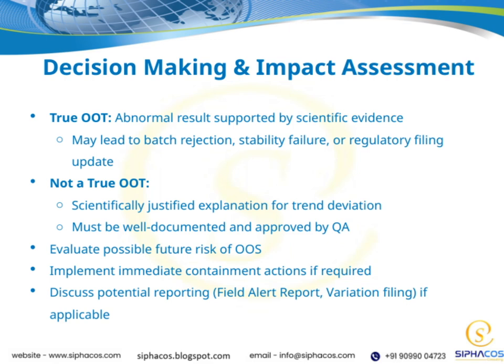Additionally, depending on the situation, we might need to discuss potential reporting requirements, such as field alert reports or variation filings, especially if the deviation could affect product safety, efficacy, or regulatory status. Ultimately, this process involves careful decision-making and impact assessment, ensuring we maintain product quality and compliance while addressing any deviations responsibly.